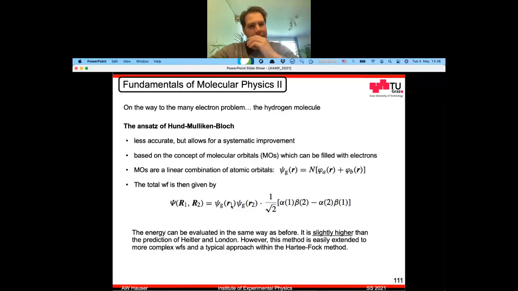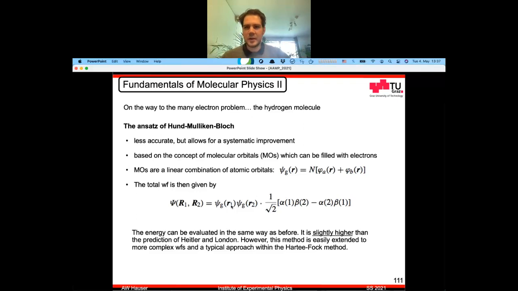But the ansatz or the concept in the Hund, Mulliken and Bloch approach is a little different, because I say, okay, I'm borrowing the concept of atomic orbitals, and I'm also using it for my molecular system. I say there is also something like an orbital, which is something like a single electron wave function, and I can build it somehow from the orbitals that I have at hand and put electrons into these molecular orbitals in the same way as I would be putting electrons into atomic orbitals when filling up the atomic system with electrons, right?